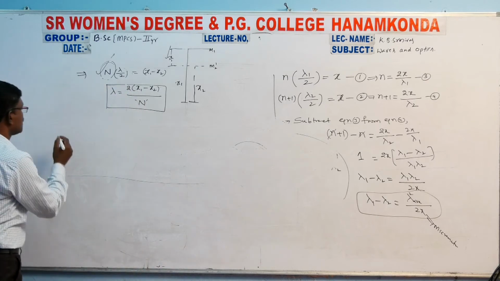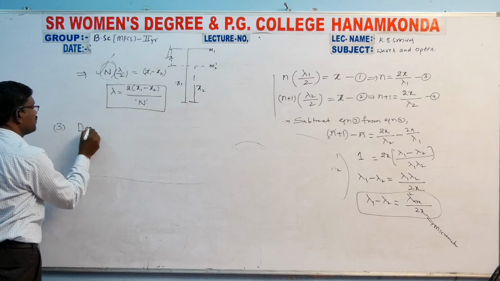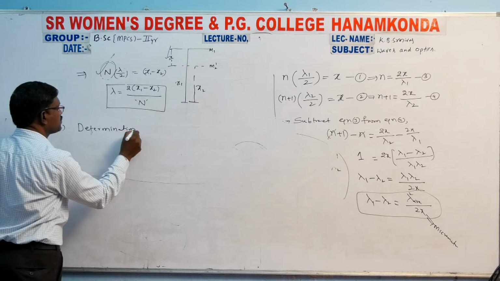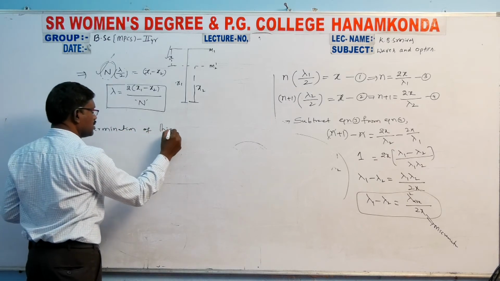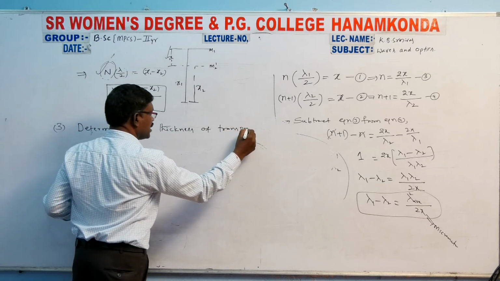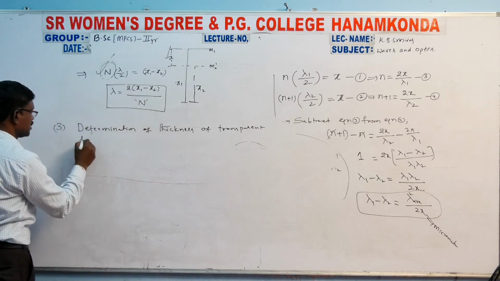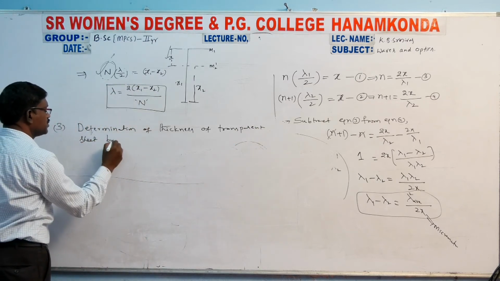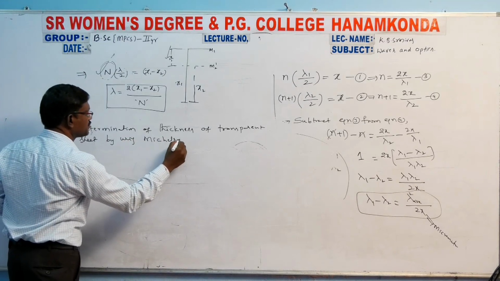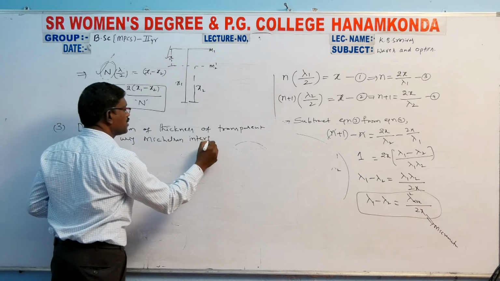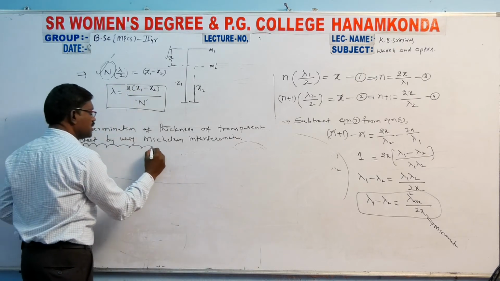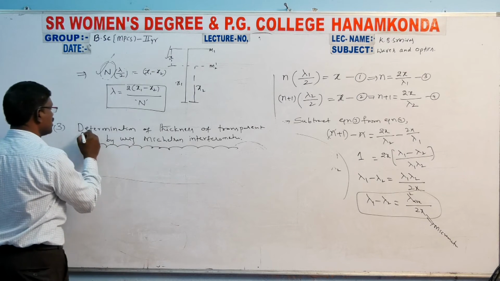Third use: determination of thickness of transparent sheet by using Michelson interferometer. So this is the last part of this topic. This is the last part of this lesson.